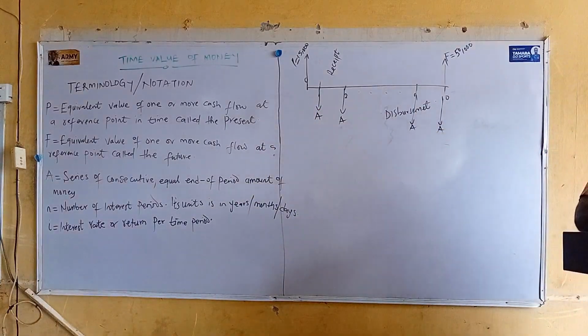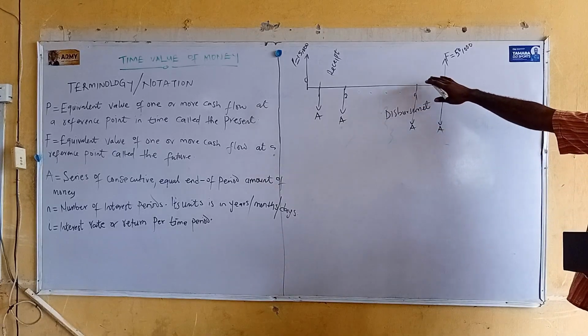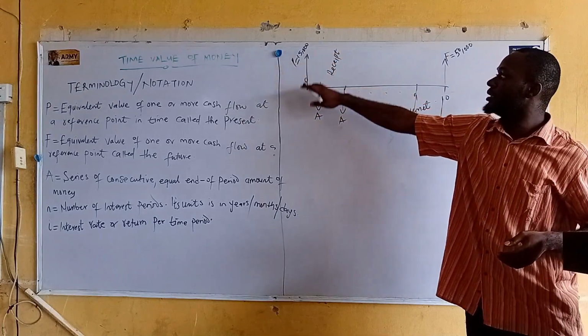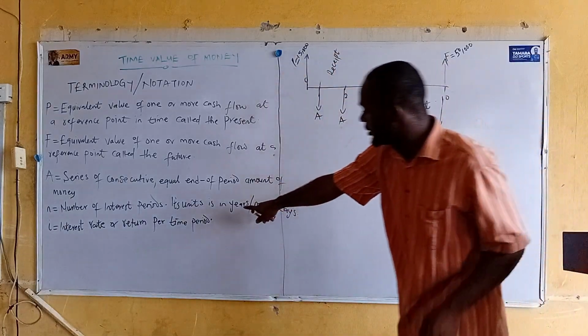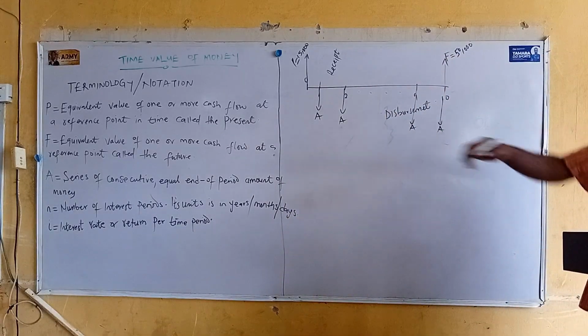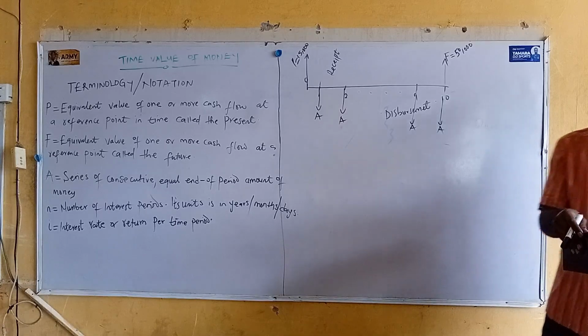Then N is the number of interest periods, which is the number of time periods. We require to calculate the particular thing in periods of years, months, or days. Then I. Okay.